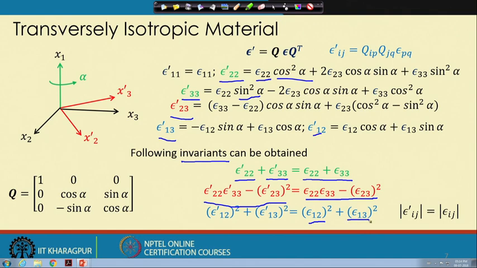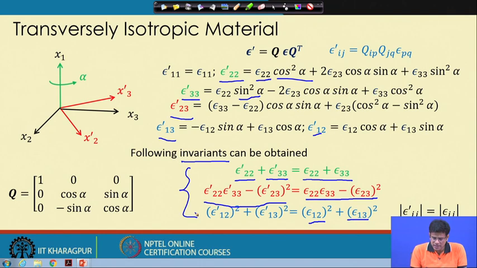So this is also an invariant, and it can be very easily seen. These quantities essentially don't change if I rotate about the axis x1 by a specific rotation alpha, any rotation.